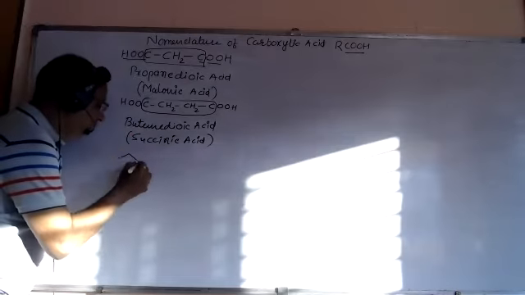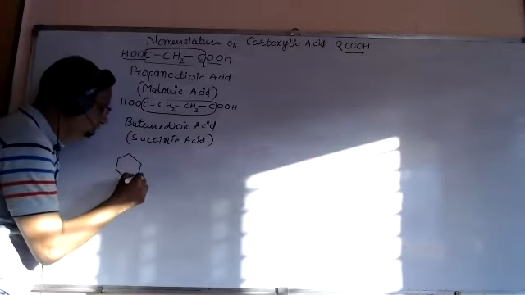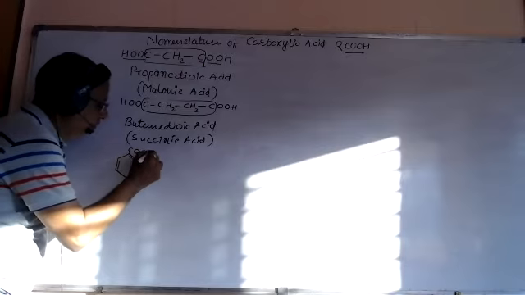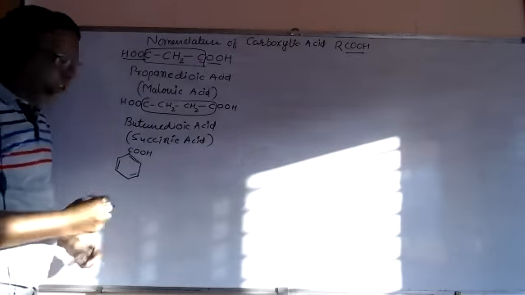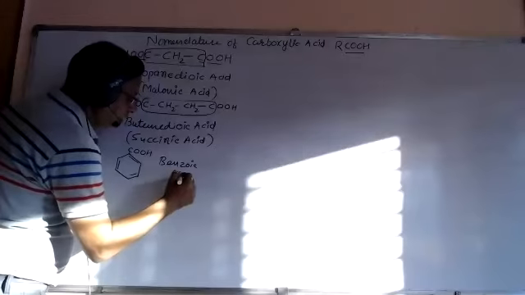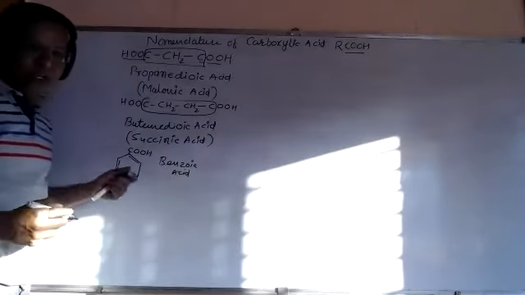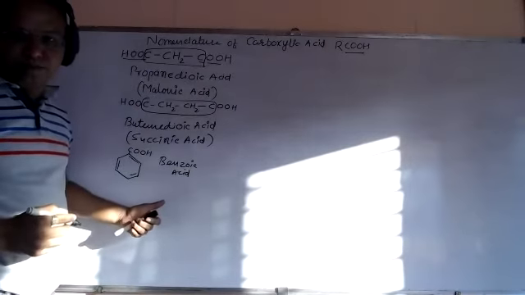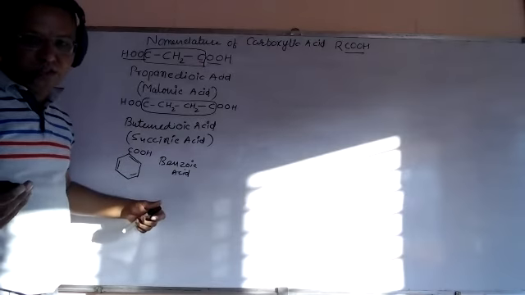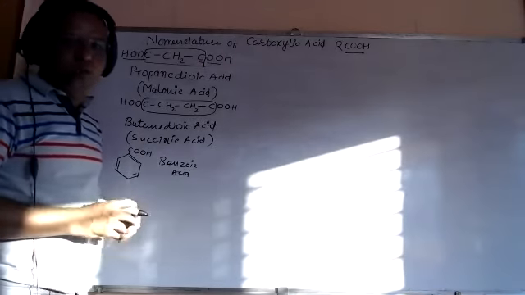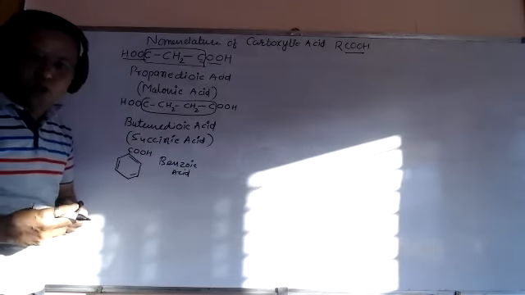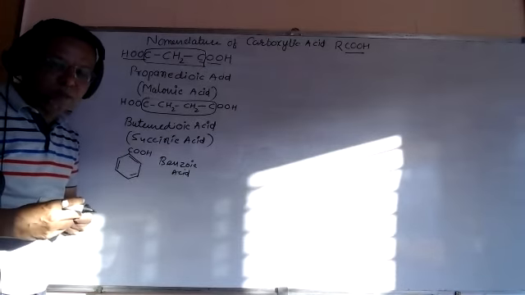If we consider the benzene ring with COOH, it is benzoic acid. Now, benzoic acid is a very famous name. It can be written benzene carboxylic acid or benzoic acid. So both are, friends, same. Benzoic acid name is used in both cases.